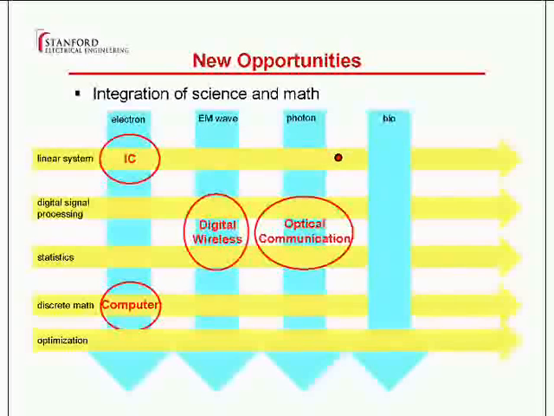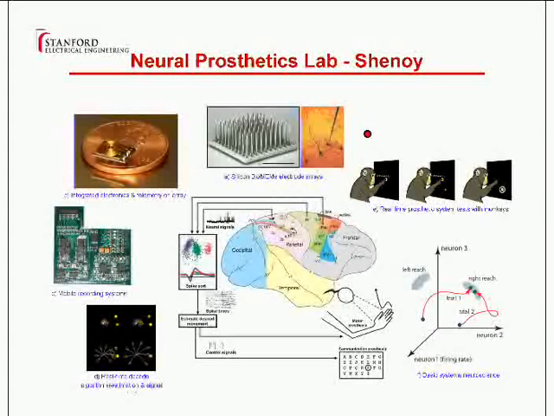So what are the new things that are happening other than the electrons, photons, and EM waves that we've been playing with? There's a whole new area coming up with biology, in which we're dealing mostly with neurons. This is another new form of particles that, through proper integration with mathematics, we think will have a lot of interesting applications. The next slide illustrates one of those applications.